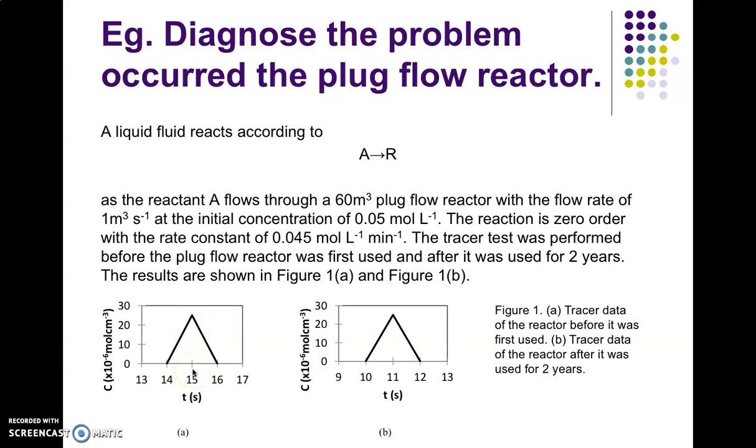If you plot the C curve after 2 years, the tau has become 11.